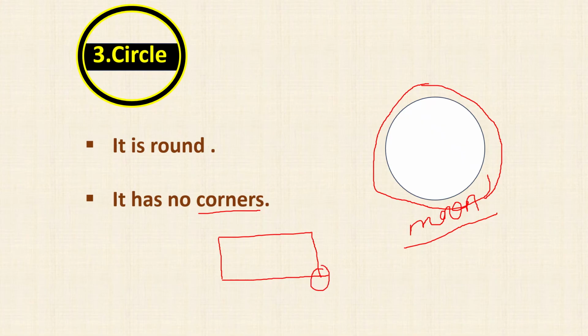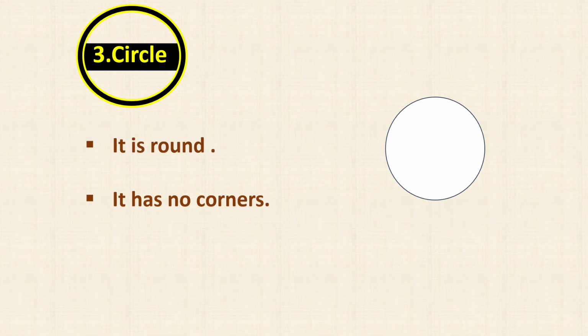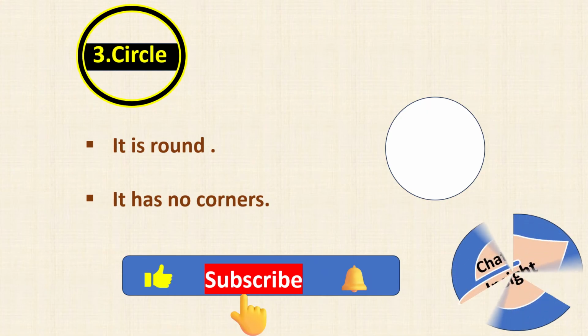But here we do not use any sticks, so that's why it does not have any corners. It's a round shape. So the third shape in our lesson is the round shape. Examples of it are the moon, and the next example is the sun.